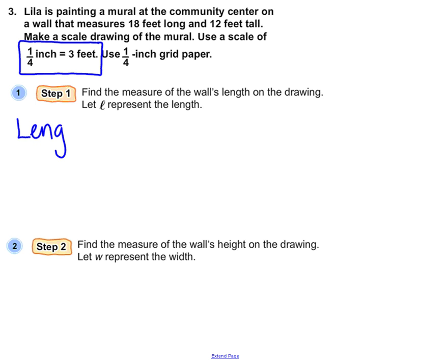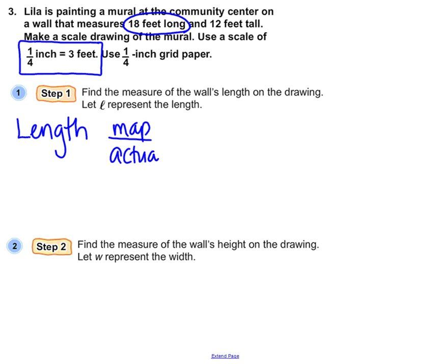So how do we know which one is length and which one is width? Length is the one that has the word long next to it. So we're going to have map over actual.